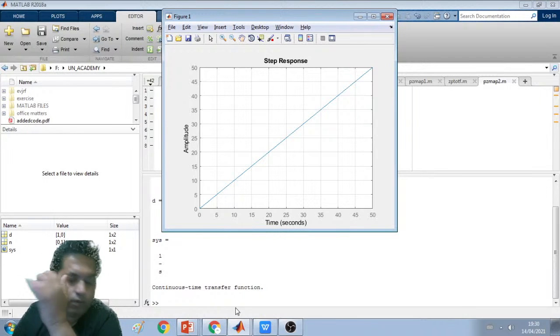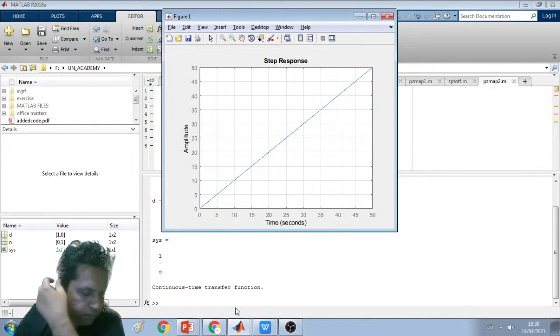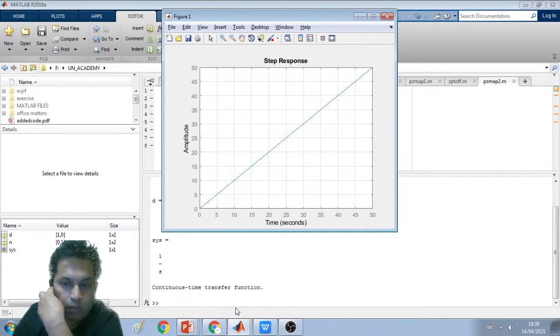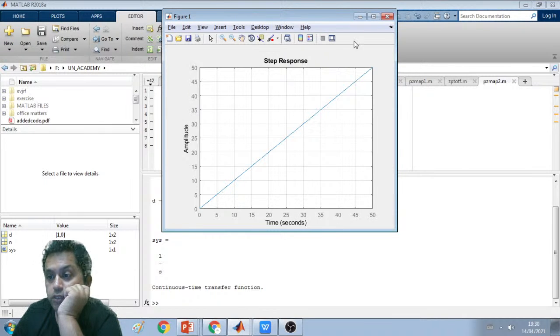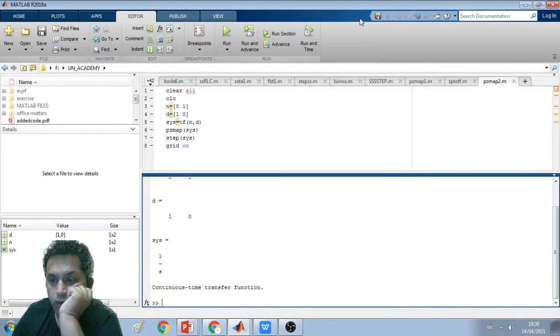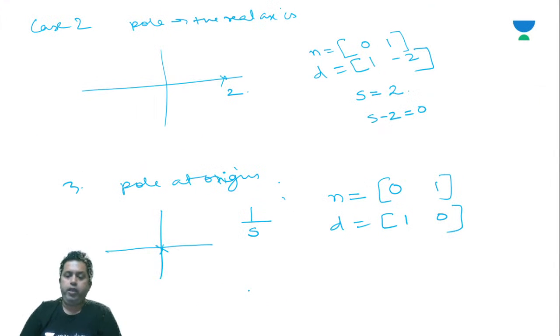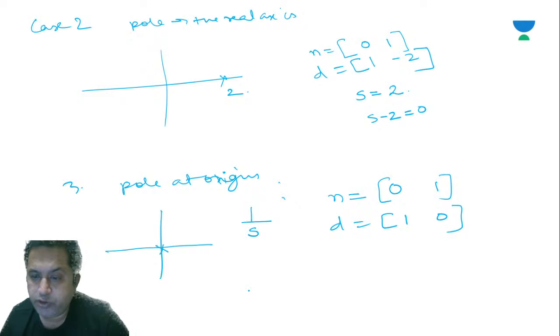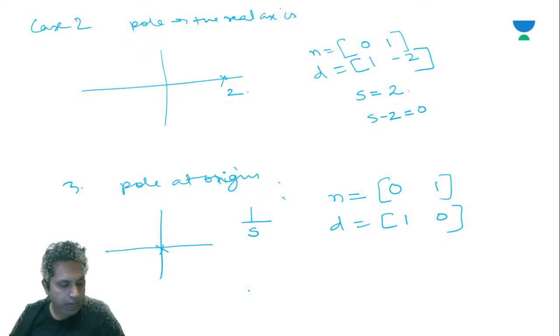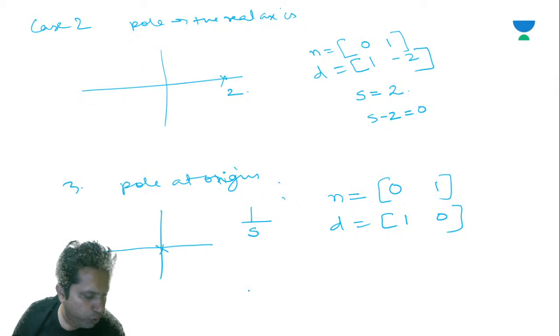See this figure. It is a straight line. Now, what is the difference between this transfer function and the response I want to see? The response should be a straight line, isn't it? So I want to see a response.